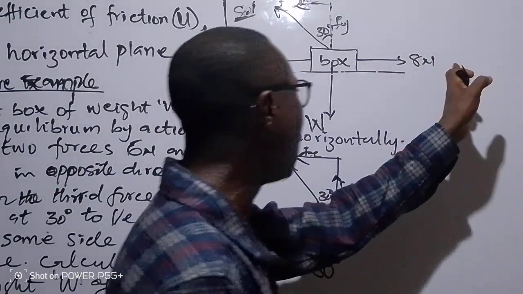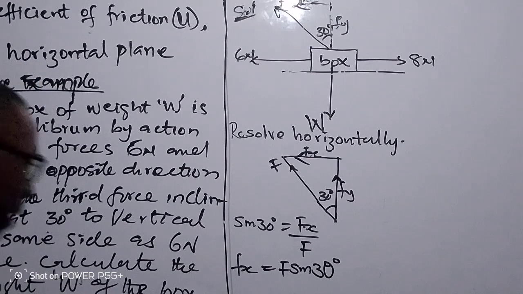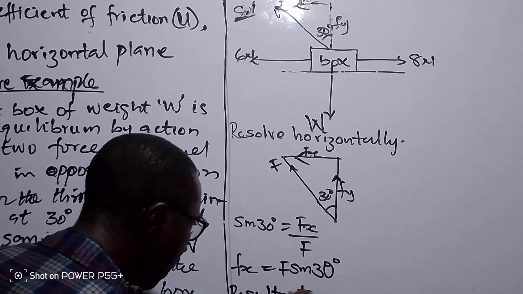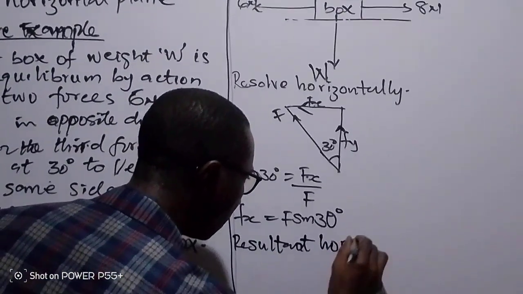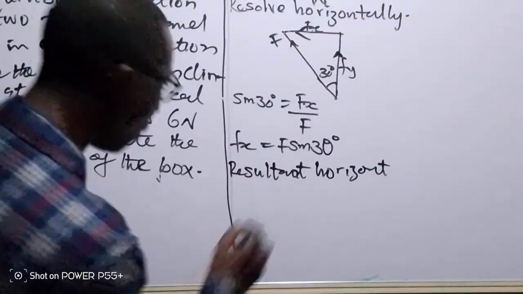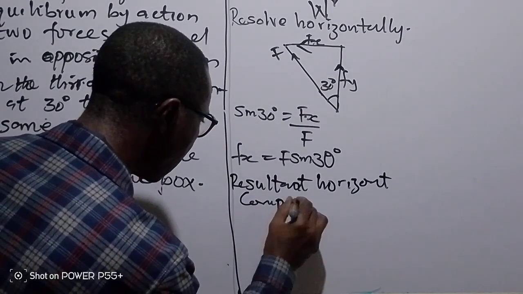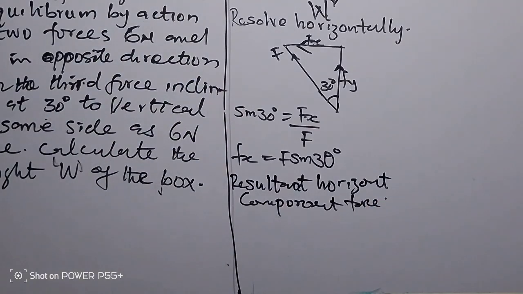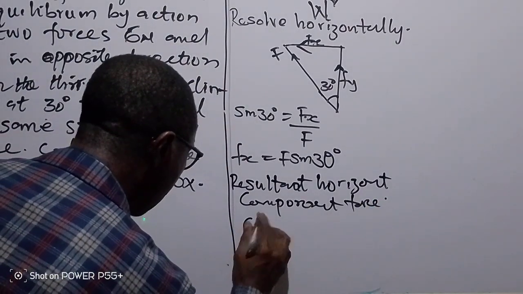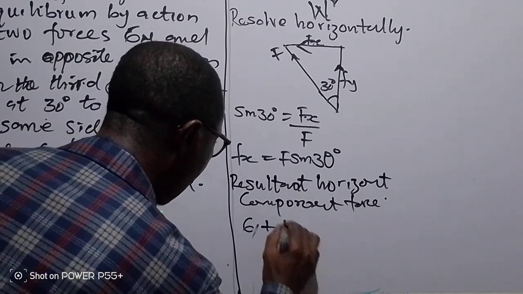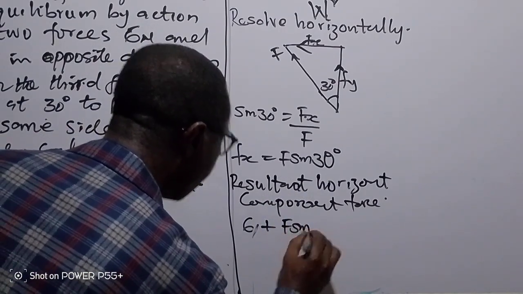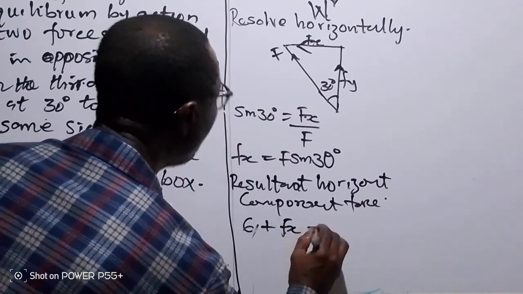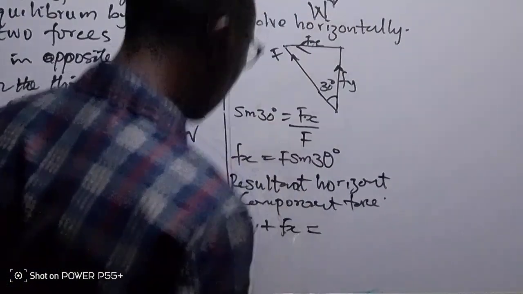On this side, we have just 8 Newton. You can now say that the resultant horizontal component force will give us 6 plus Fx equal to 8 Newton.